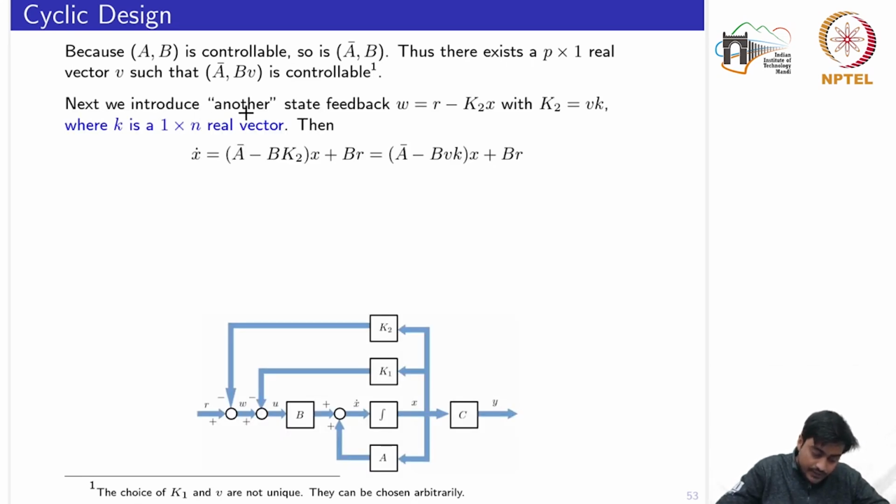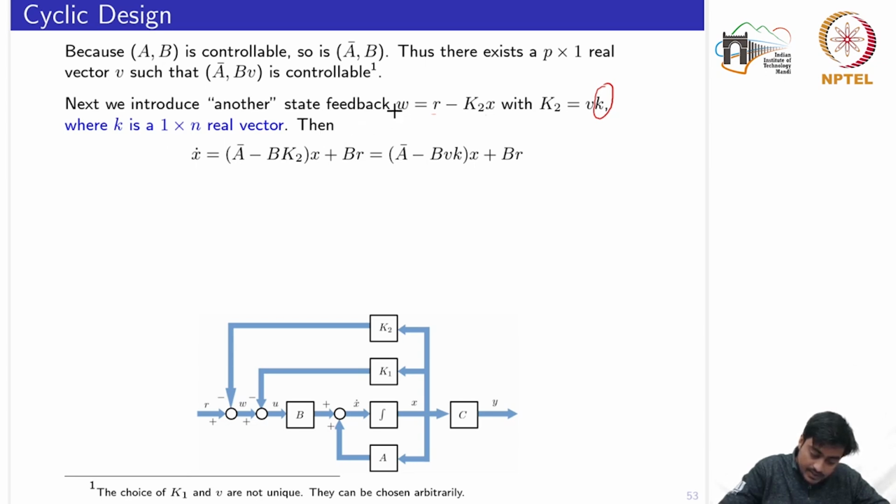So next we introduce another state feedback, where now we compute W as the reference signal R, which is given, minus K2 times the state X, with K2 defined as V times K. So now you see that K is a vector which we need to synthesize finally instead of the K matrix, where K is a 1 cross n real vector.